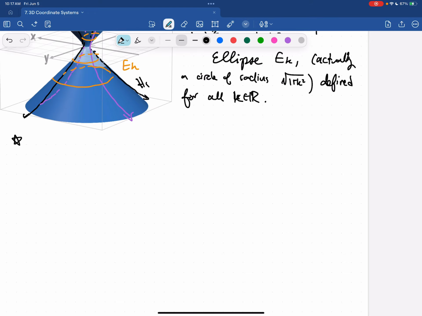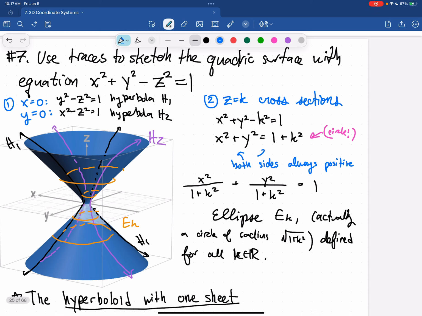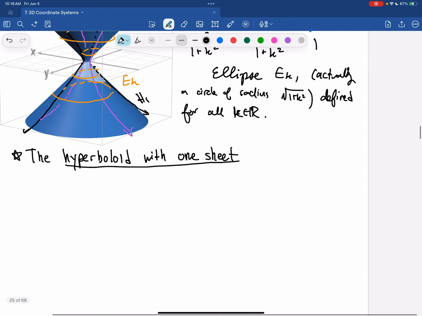This is enough to talk about the hyperboloid with one sheet. So hyperboloid, the thing that's oloid, I guess is the way to think about it, is what your coordinate traces are, so your frame for the shape. So the hyperboloid with one sheet. I'm going to write that up here too. One sheet because it's kind of one continuous piece of material.